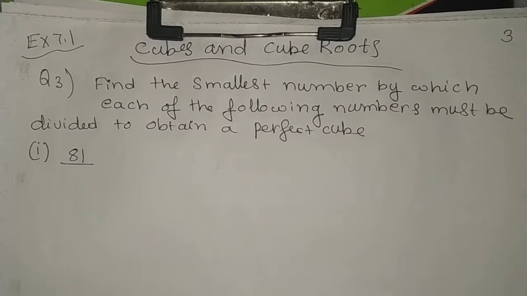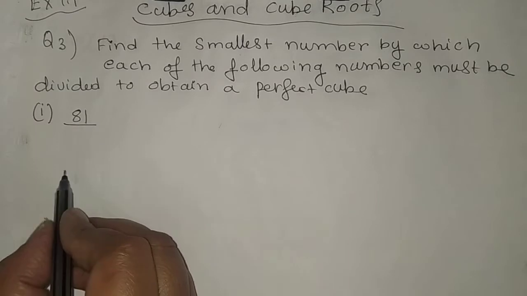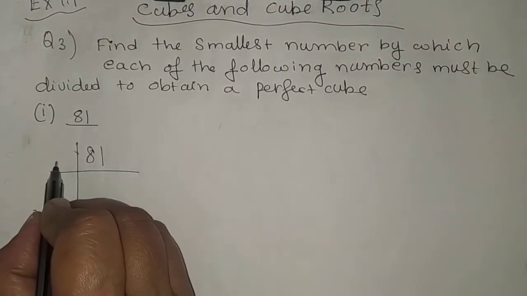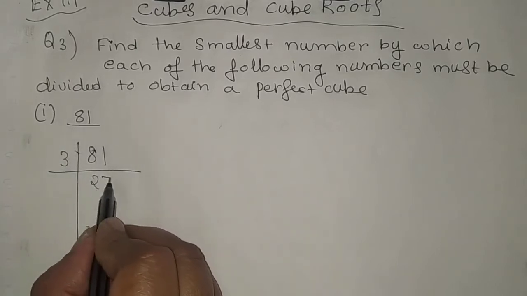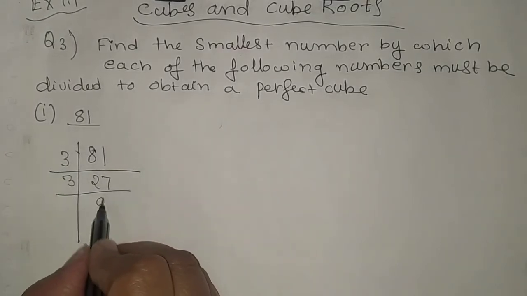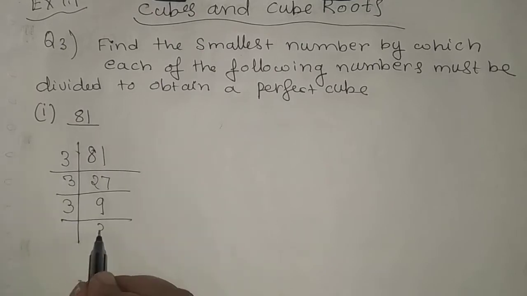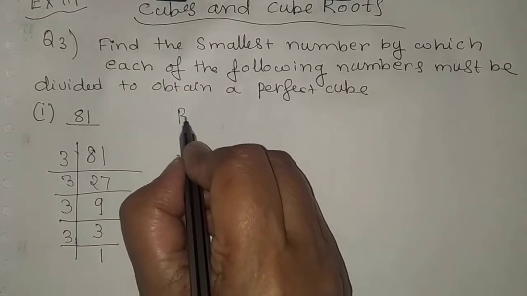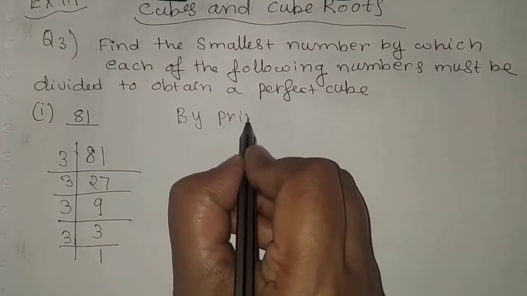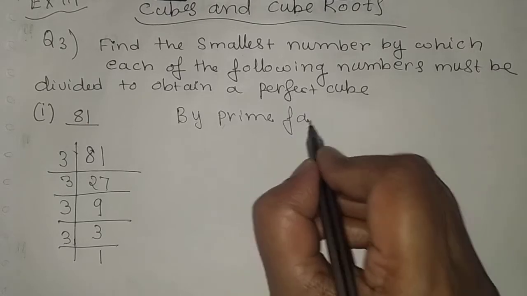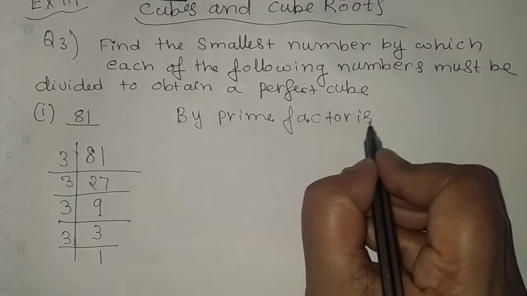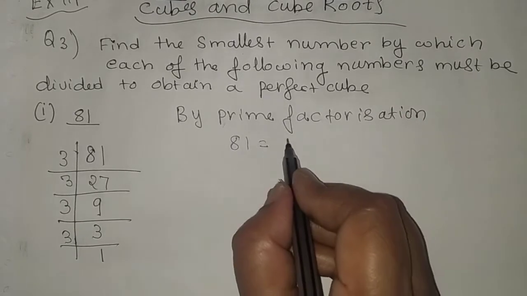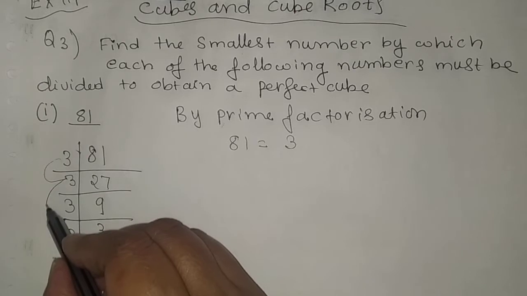Here also the first step is prime factorizing the given number. 81: 3 27s are 81, next 3 9s are 27, next 3 3s are 9, next 3 1s are 3. So the prime factorization is 81 equal to 3 into 3 into 3 into 3.